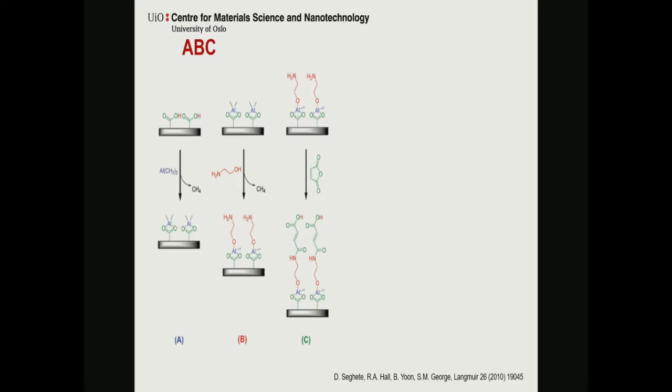Then you get the amine reaction, and then you can go with the anhydride that reacts with the amine, and you're back again with the carboxylic group. So here you can put in this functionality. What I find more interesting with this one is that you get the possibility to drive a charge in a film. Because the charges up here are going to be different than here, in principle what you're doing is building in a polarity in the film.